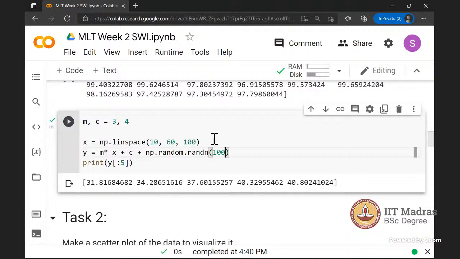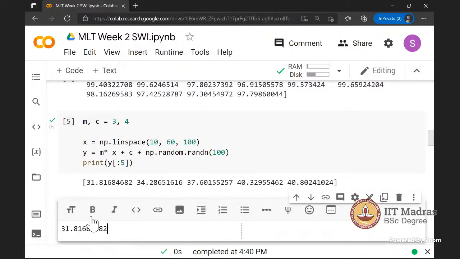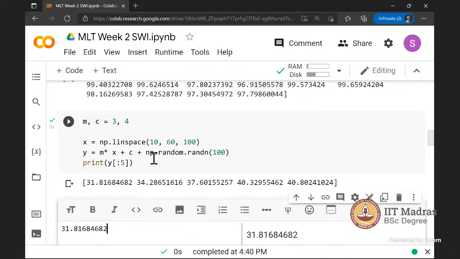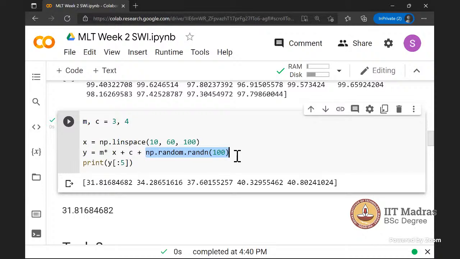Okay. So does this make use of a seed? Of course not. Sure, let me explain that point also. Right now, please notice that the first value is 31.81 something. I'm going to copy this one and keep a record of it. I want to explain what the seed value does. This is the only thing which has some randomization inside it.